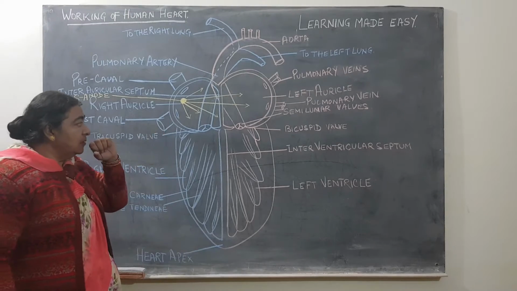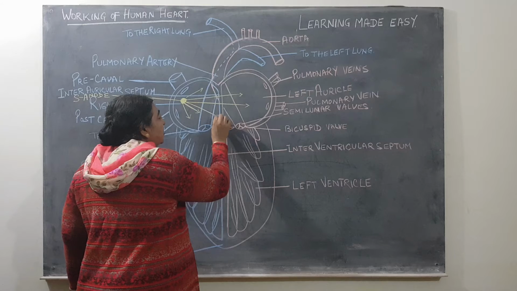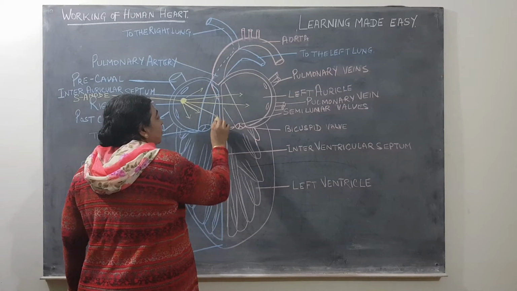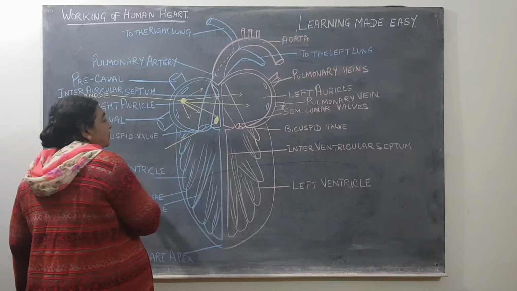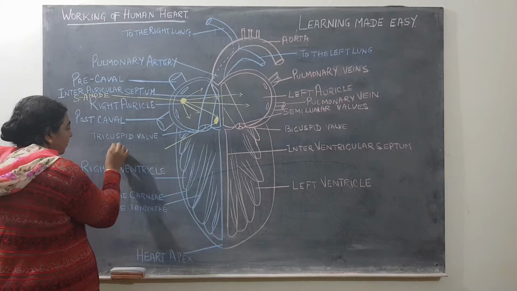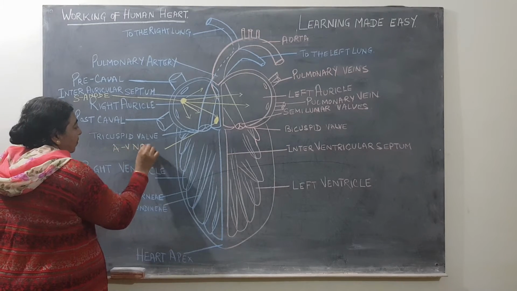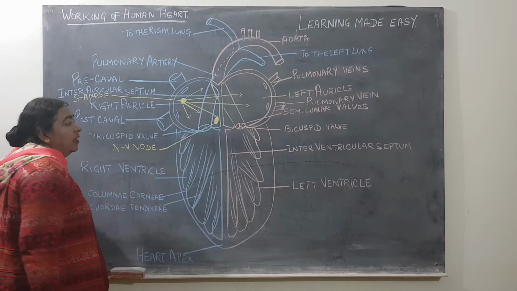Now this node also starts the contraction in the second node. This node is called the AV node.